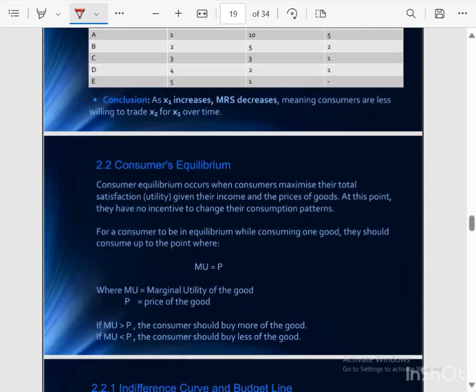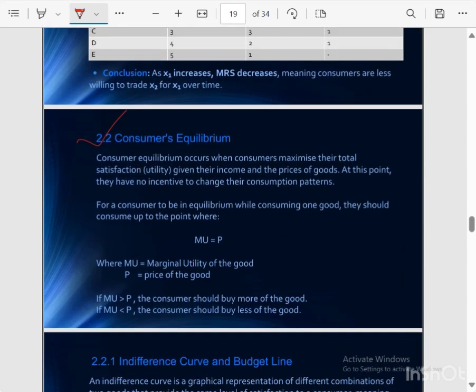Then we dive into consumers' equilibrium. So what is consumers' equilibrium? Consumers' equilibrium is the point where a consumer maximizes total satisfaction or utility given their income and the price of goods.